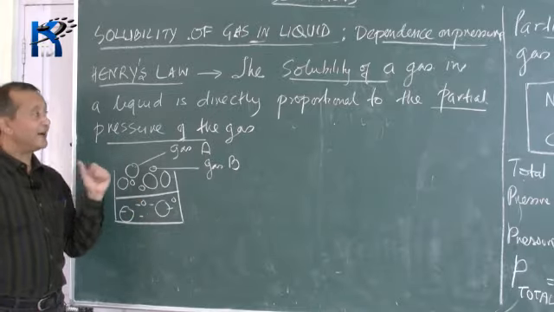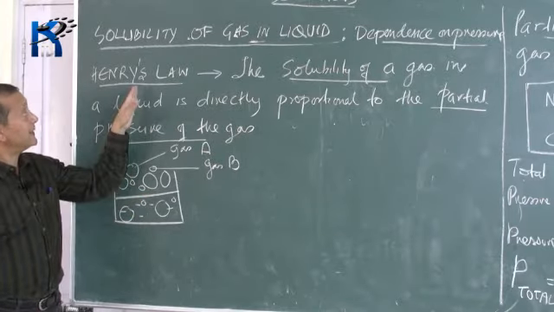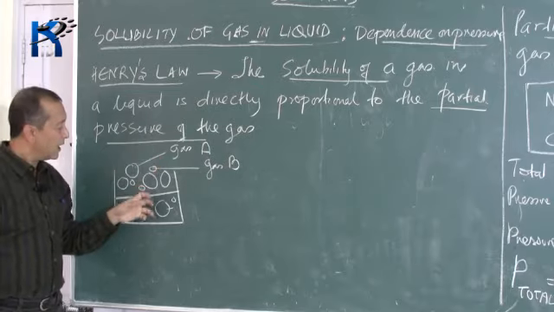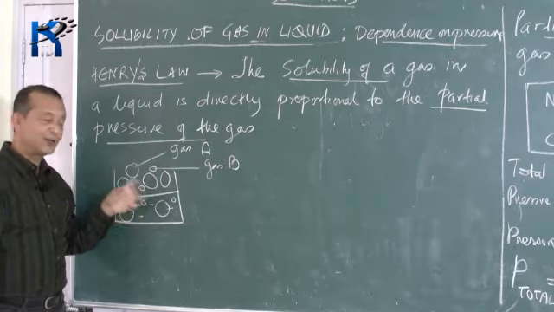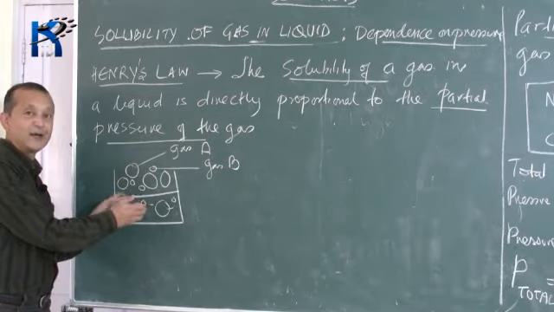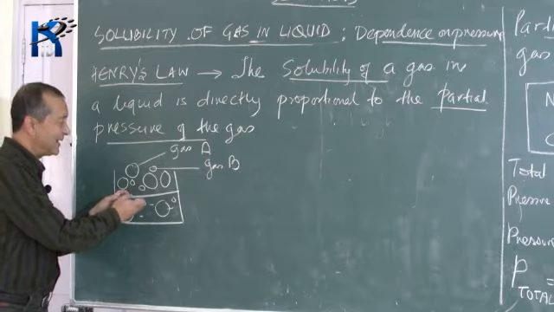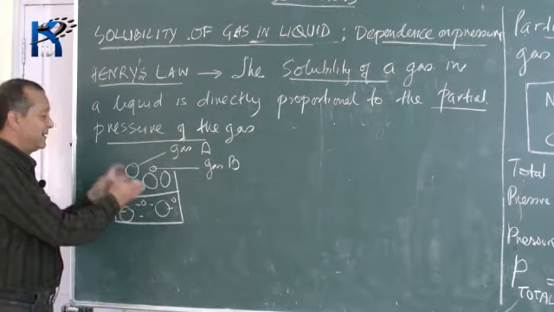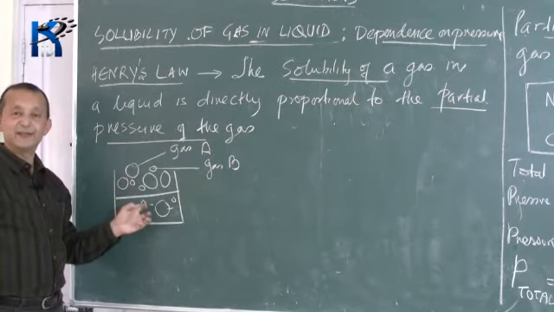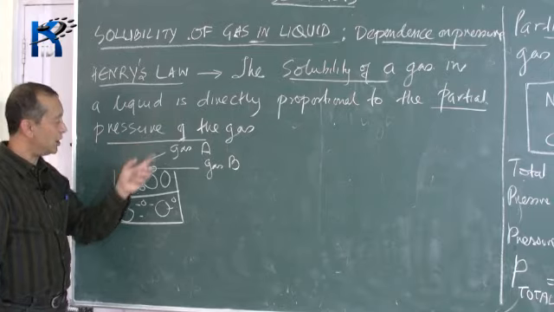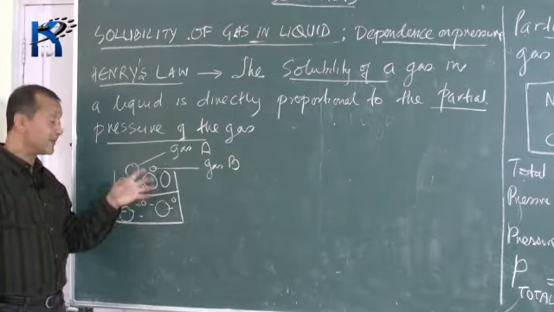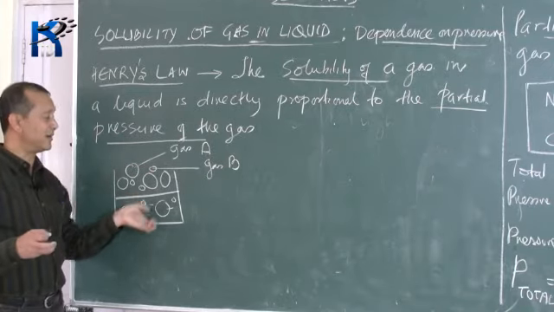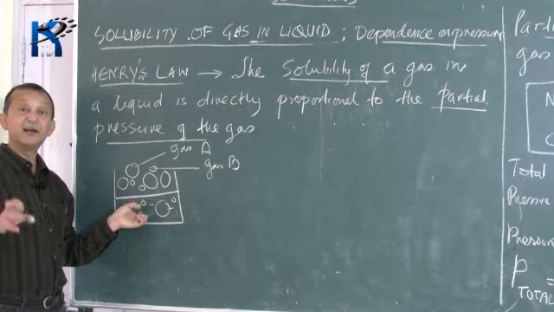Now, according to Henry's law, what is solubility again? Solubility is the quantity of a gas A that dissolves in a certain volume of the liquid. How much of A dissolves, how much of B dissolves, that is the solubility.